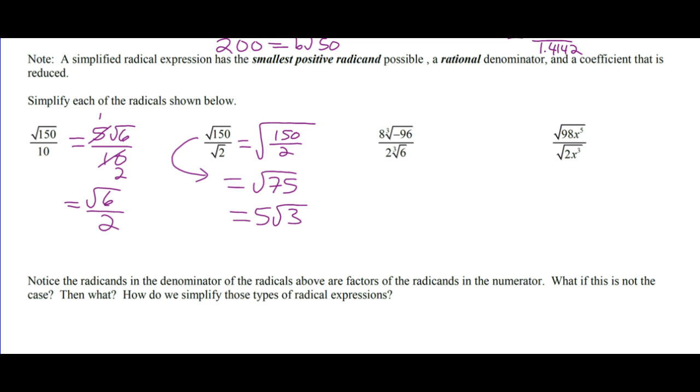Okay, so same deal here, right? First off, the 2 and the 8. Okay, so that reduces. We can now write a 4 times the cube root of negative 96 over 6, which will be 4 times the cube root of negative 16, right?